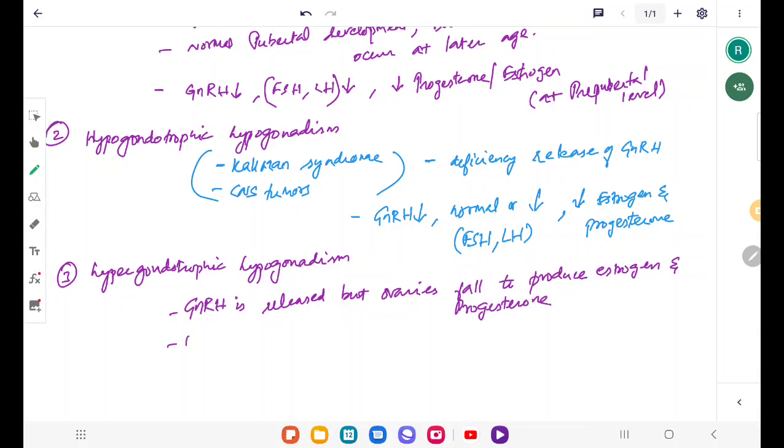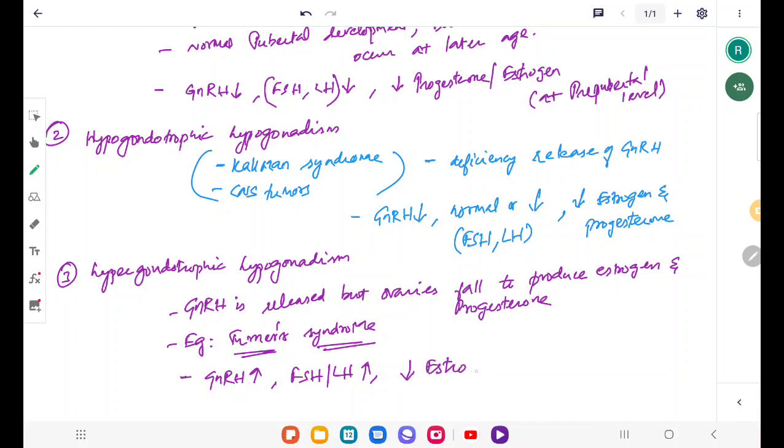An example would be Turner syndrome. In this situation, there would be increased secretion of gonadotrophin releasing hormone. As a result, FSH and LH would be high, but because of the problem with the ovaries, there would be decreased secretion of progesterone and estrogen.